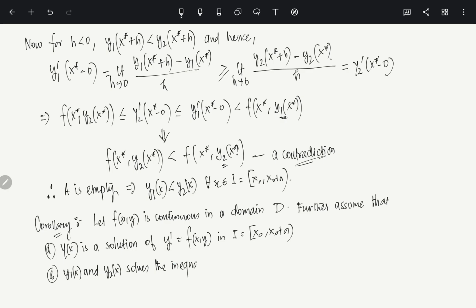What are the inequalities? f of x, y1 is greater than y1 prime, and y2 prime is greater than f of x, y2, in x naught to x naught plus a. Clear? So this is the second condition.